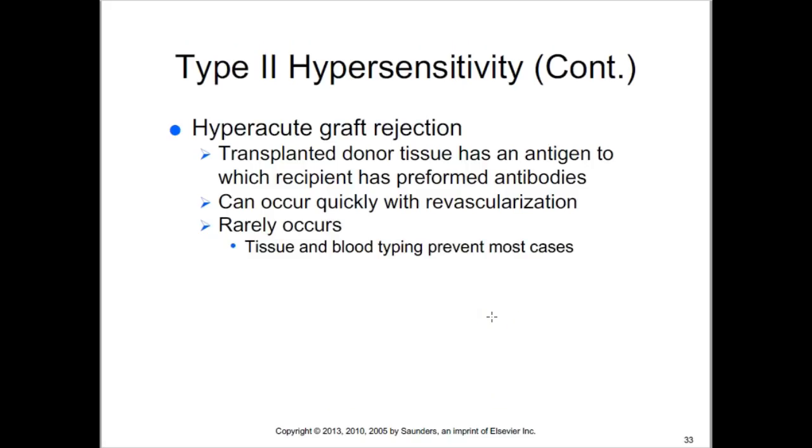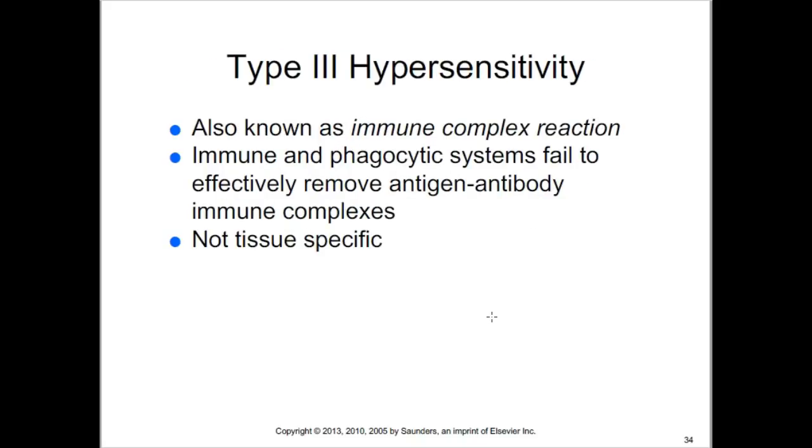All right. Now, a hyperacute graft rejection is another type of type 2 hypersensitivity. Tissue and blood typing usually prevents these types of graft rejections anymore, but before, you had more graft reactions.